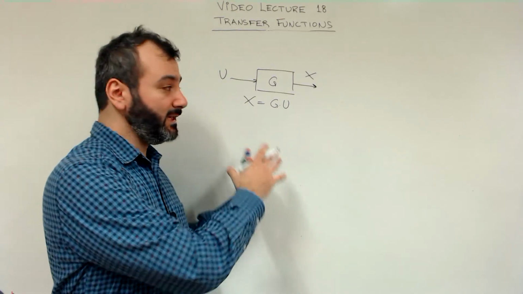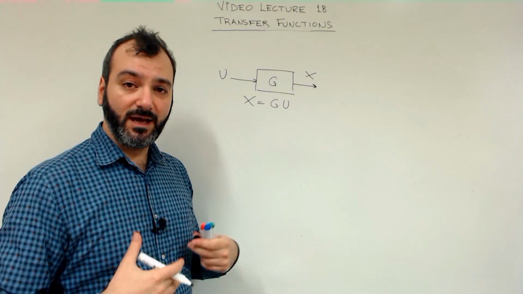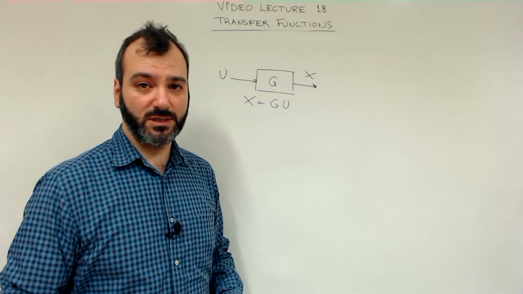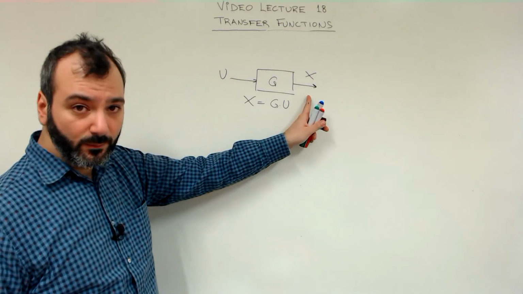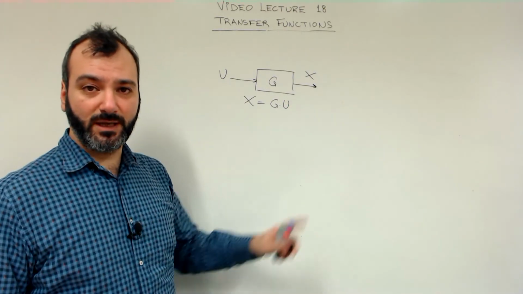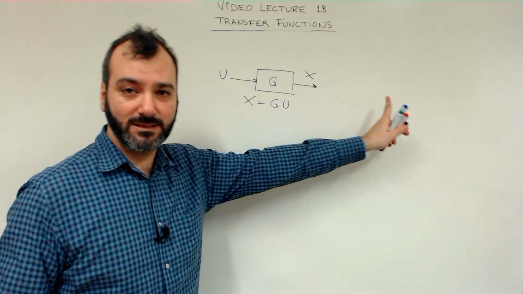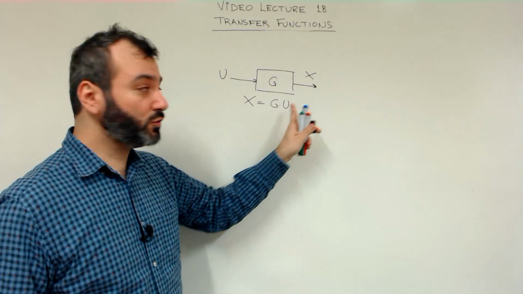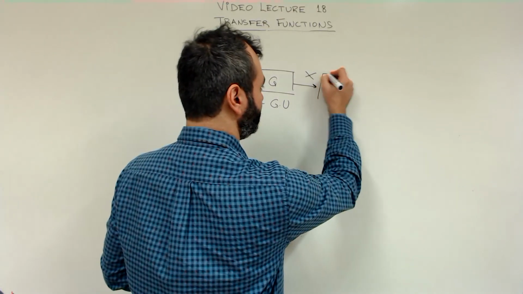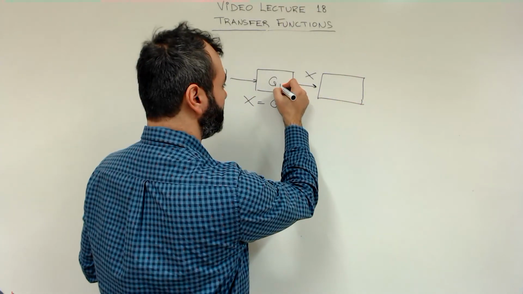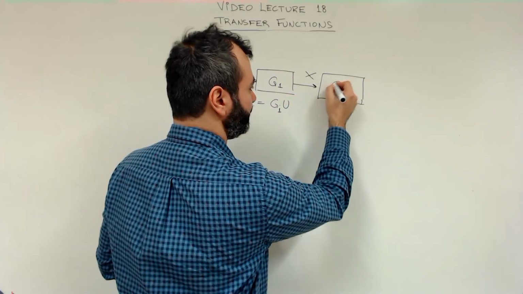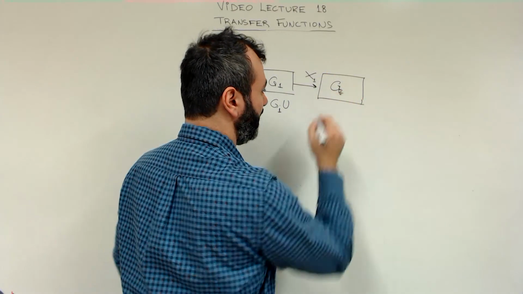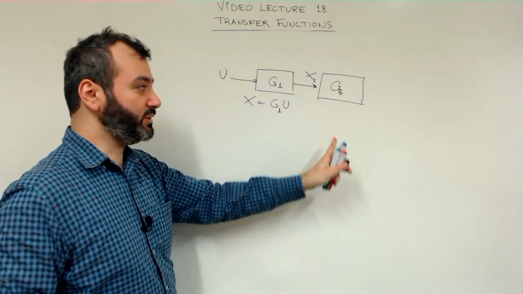For example, this here can be a circuit, and the output of a circuit, which can be either a current or a voltage or some other quantity, can be an input to another dynamical system, a quantity that affects the dynamics of some other system. So you can have a circuit that controls a motor. Let's call this G1, and here we have another transfer function, G2.